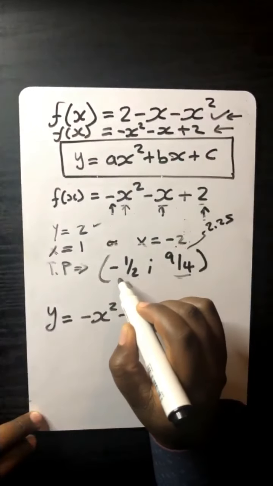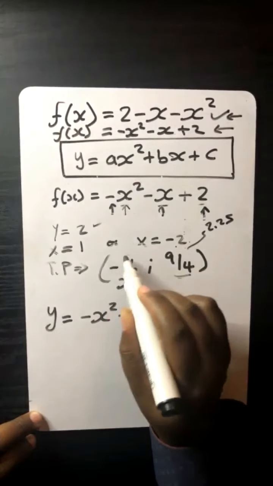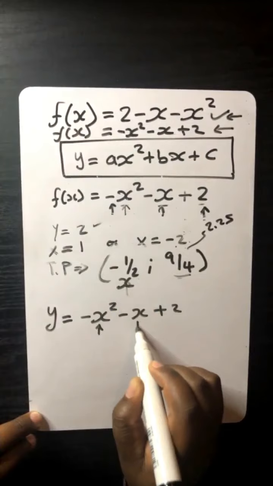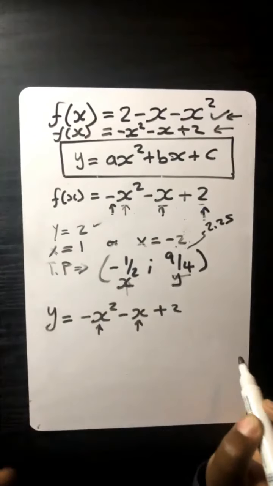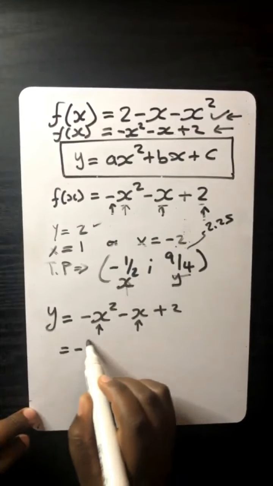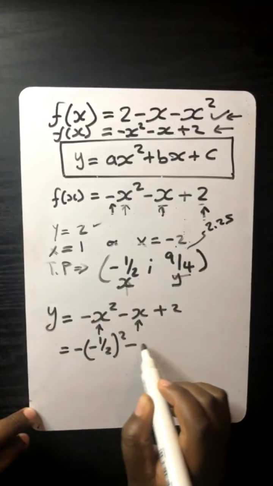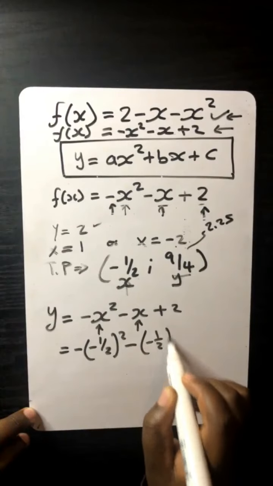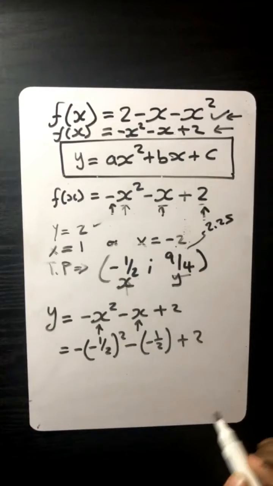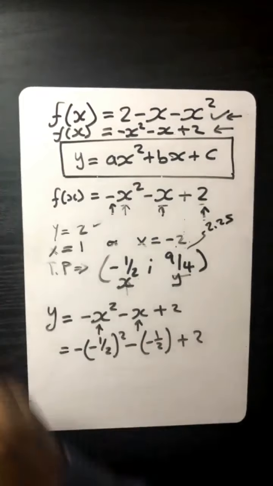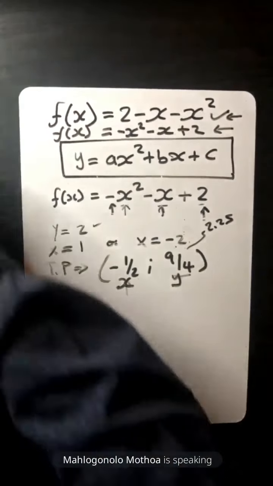Because this is x, you substitute this where you see x and punch everything on your calculator, and it gives you your y value: negative 1 over 2 plus 2. So it's going to give you 9 over 2. Do you now understand how we got that 9 over 2? Yes, I do, sir. Thank you so much.